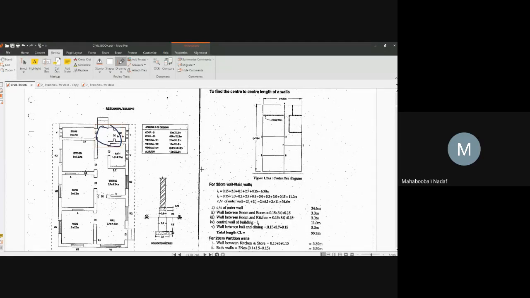Wherever full lines are there are the 30 centimeter walls, and wherever these zigzag lines are there, what are these lines? 20 centimeters, sir. Very good. Once you draw a diagram like this, then calculation will be very easy for you. Otherwise, you will get confused.